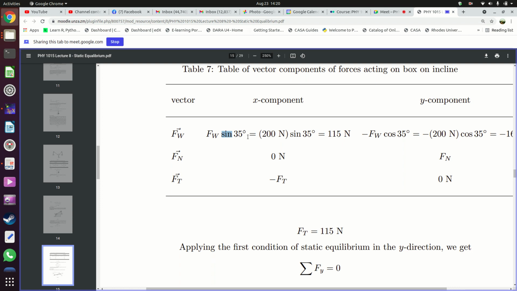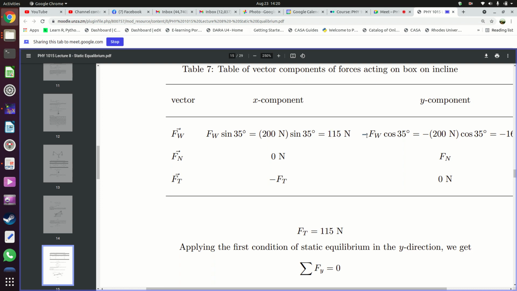So you're going to end up having 114.7, which is just 115. So scrap out the cos 35 degrees, put sine 35 degrees, scrap it out, you put cos 305 degrees, then you end up having 200 times cos 305 degrees, which is going to give you 115 newtons.